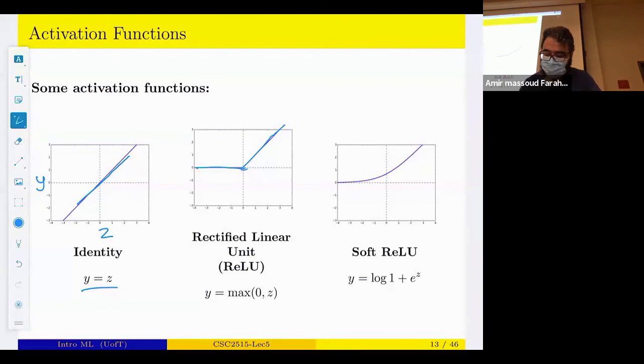So this is something between this identity function and hard threshold. And if you compare it with loss functions, even though it looks somehow like the hinge loss, the motivation is not the same. And then there are other versions, for example, soft ReLU, which looks like this.